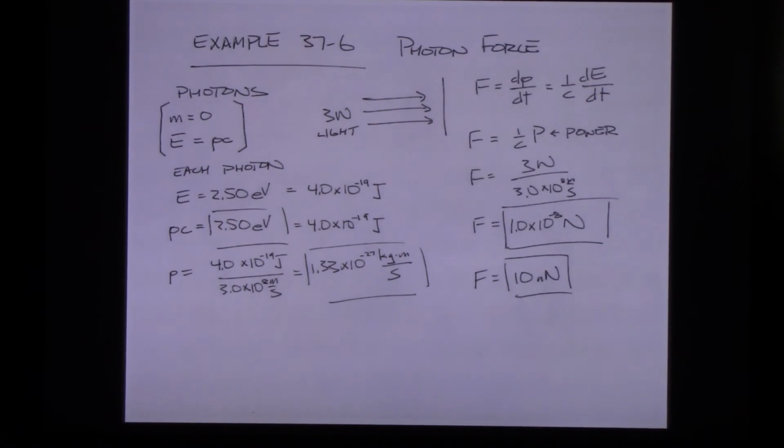To keep the problem simple, they're assuming that all the photons get absorbed, and that means all of their collective momentum will be absorbed by that piece of paper. How much force is that going to be? Have you guys ever tried shining a light on a piece of paper to see if it exerts a dramatic force on it?